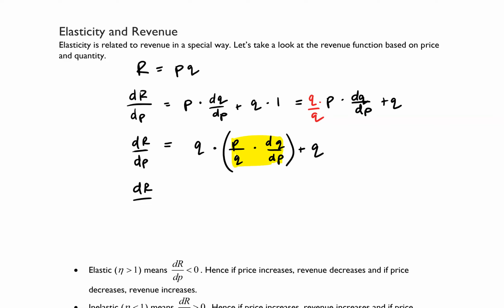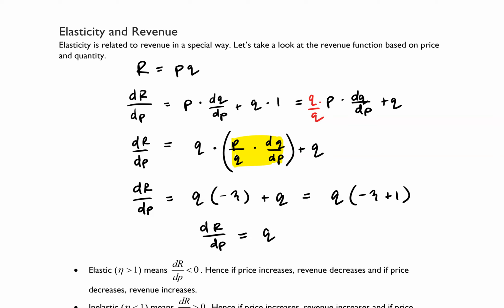So we get dr/dp is equal to q times negative eta plus q. And notice that both of these terms have a q in it, so I can factor out a q, and I get negative eta plus 1. Or if I reordered that, I'd get that it's equal to q times 1 minus eta.